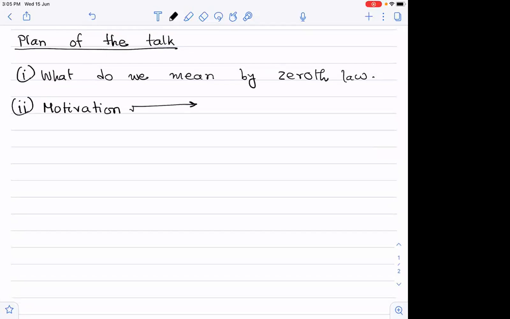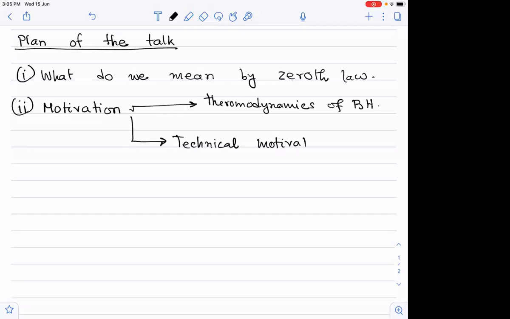One is a very small one: thermodynamics, and zeroth law is expected to be followed, like thermodynamics of black holes. The second part, also related to the thermodynamics of black holes but more elaborate, is a technical motivation. And it will be a large part of the talk.